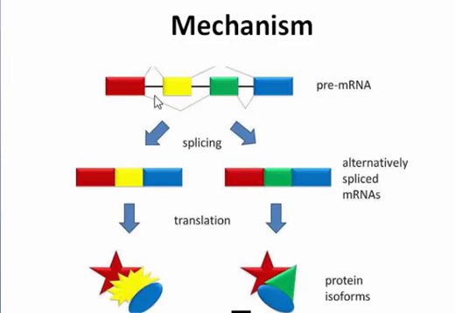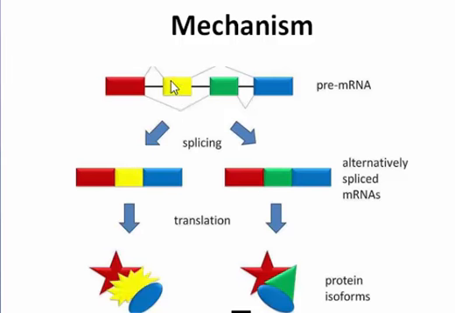Here is another type. Introns are out and exons are attached to each other. But there is a difference. You see that there is a yellow color and there is a green color. So you can ask me where there is a yellow color or a green color.